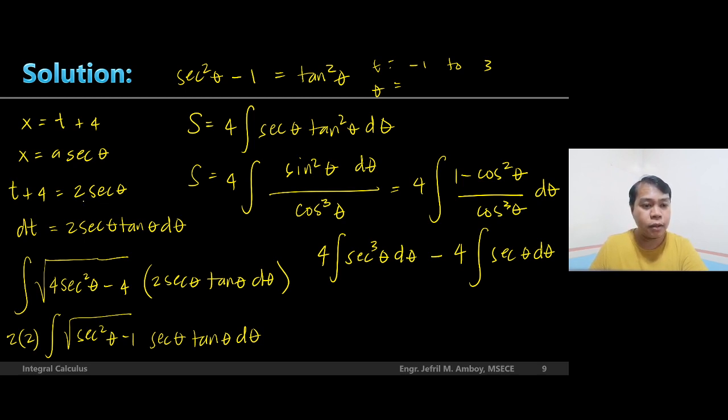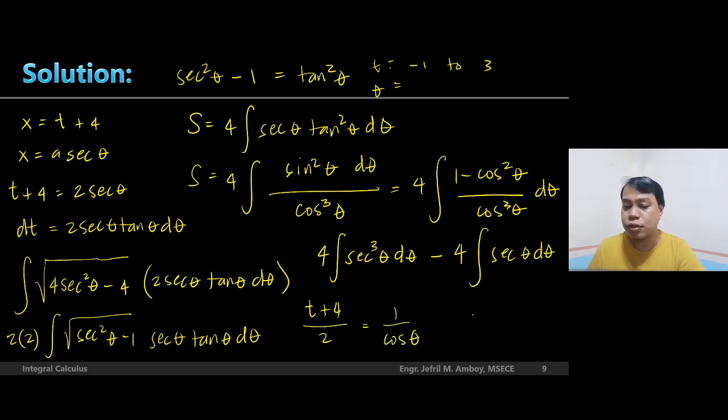Okay? So, we have t, kunin ko na lang kaya yung theta dito, no? Expression for theta. So, I have t plus 4 over 2 equals 1 over cosine theta.